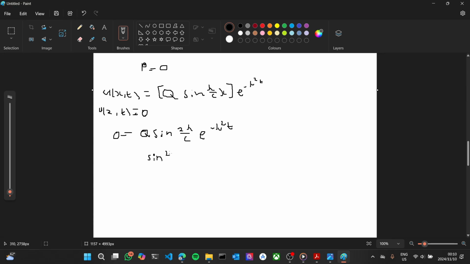So sine 2 of lambda over c is equal to 0.